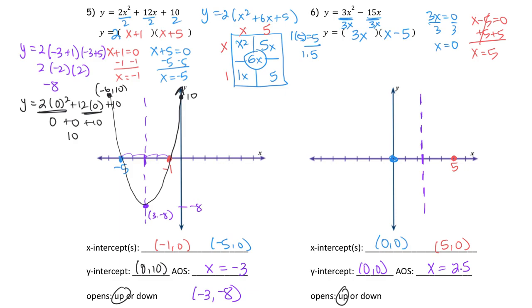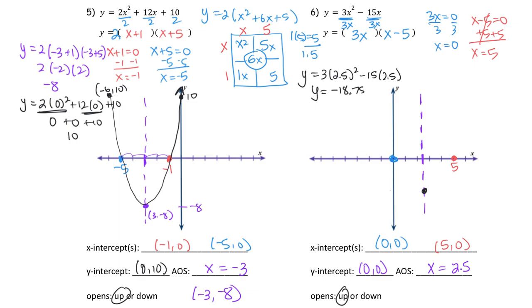But to be able to graph this, we know that our vertex is going to be somewhere down here. And if we wanted to find out exactly where that was, we would plug that x value in to either one of our equations. I would plug it into my top equation, and then you can plug that whole thing into your calculator to find out what the y value is. And we get -18.75.